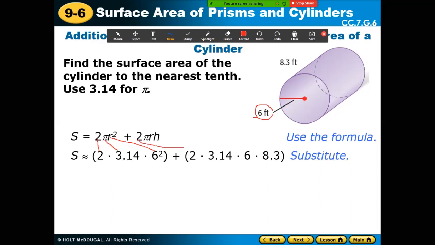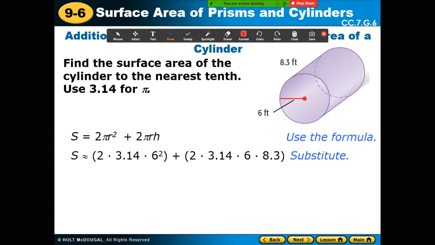Now 2 pi, which is 3.14, times r, 6, and the height here is 8.3. Is that clear? So what you have to do is substitute step by step: remove the letter and then write the information you're given in the formula.